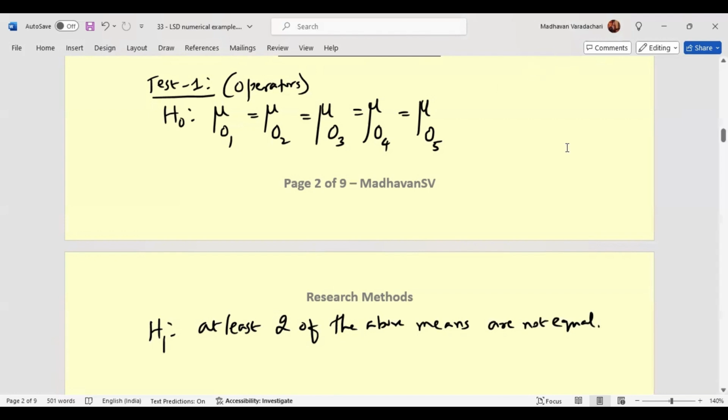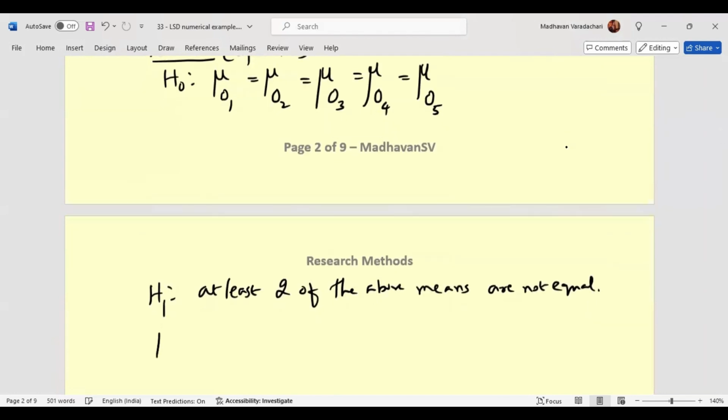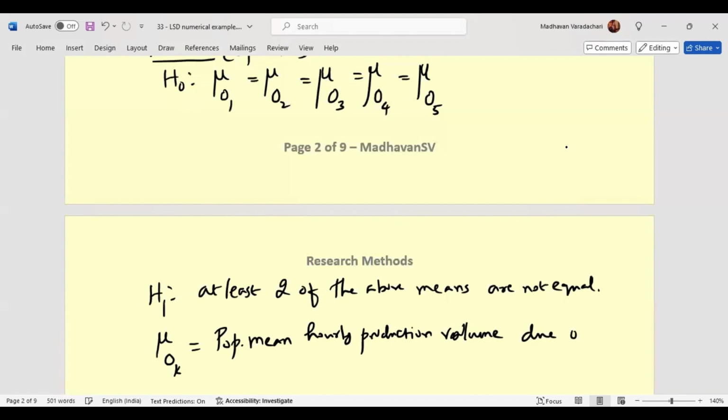Now let us define clearly what this mu is. Mu O suffix k is the population mean hourly production volume due to operator O suffix k.